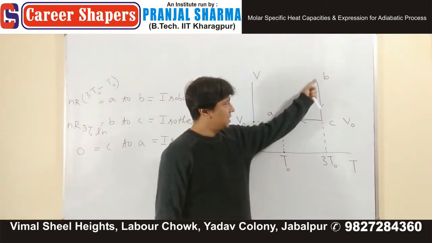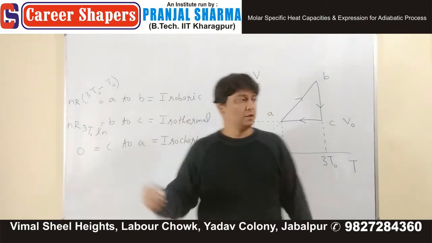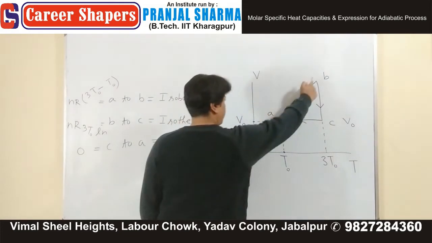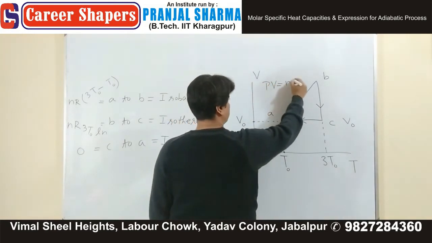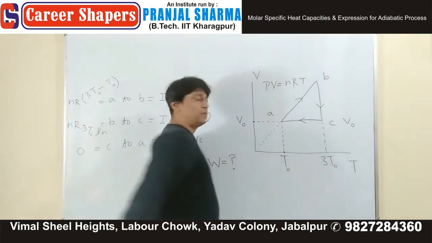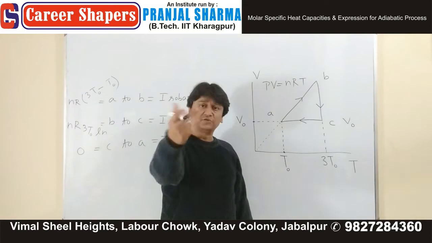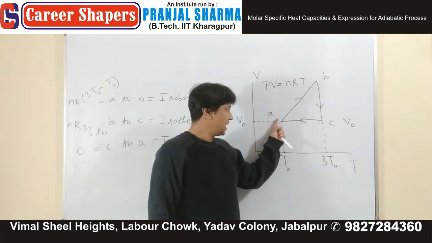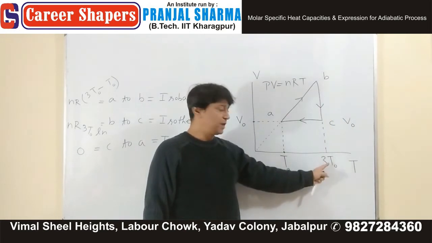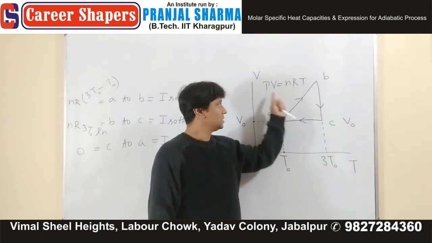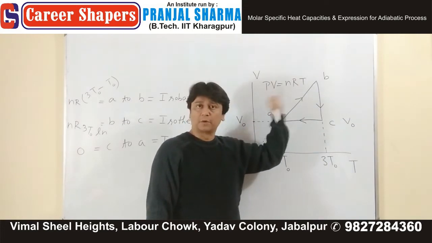What is the AB part? AB part is the isobaric part. From A to B, if I use PV equals nRT, then pressure is constant. And you can see that at A temperature is T naught, at B it becomes 3T naught. That means as you triple the temperature, this volume is also going to triple.